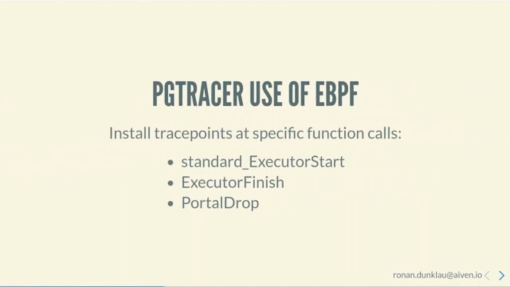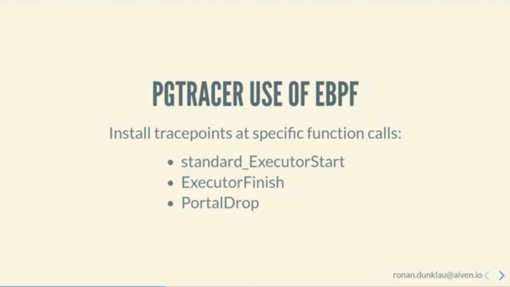So what we do in PGTracer is install trace points. Well, I say trace points, but technically it's user-defined dynamic probes, user-defined static probes, and things like that. But let's just say trace points, and we install trace points at specific function calls. For example, every time the executor starts, we have a trace point here, and this will trigger some code to be executed in the kernel.